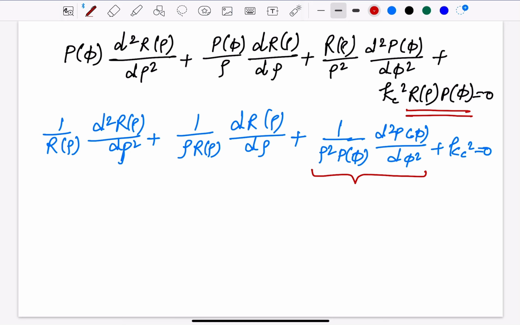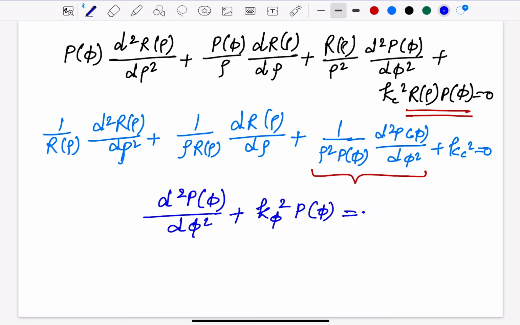Let us consider here minus k phi square. So how can we write this equation? Once again, d square P of phi over d phi square plus, and we are equating to minus k square, so we may write k phi square P of phi is equal to 0. Hopefully it's fine.